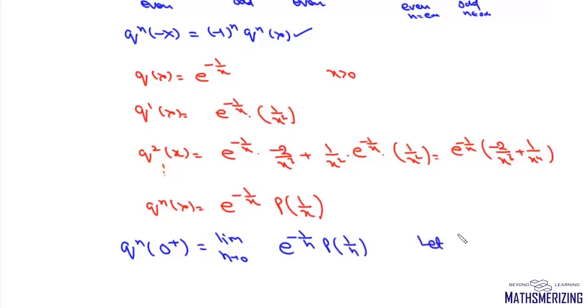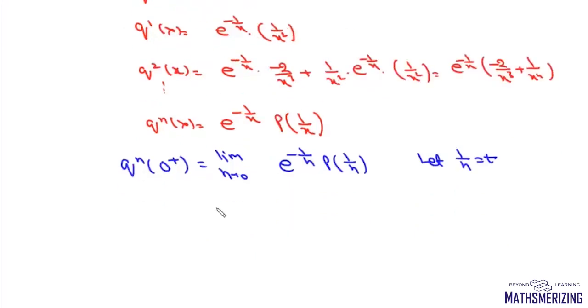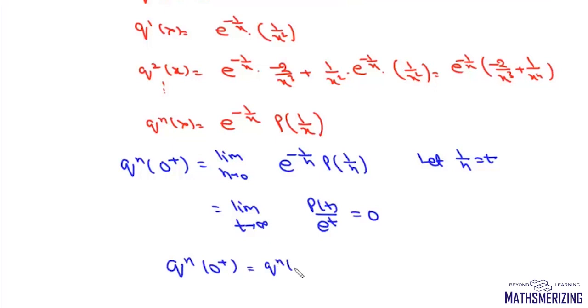If we let 1/h as t, we can write this as limit t tends to infinity P(t) upon e to the power t, and this we have already established in part A is equal to 0. So from here we can say this q^(n)(0) positive will be equal to q^(n)(0) negative and will be equal to 0. That is, this q^(n)(0) will exist and it is equal to 0.